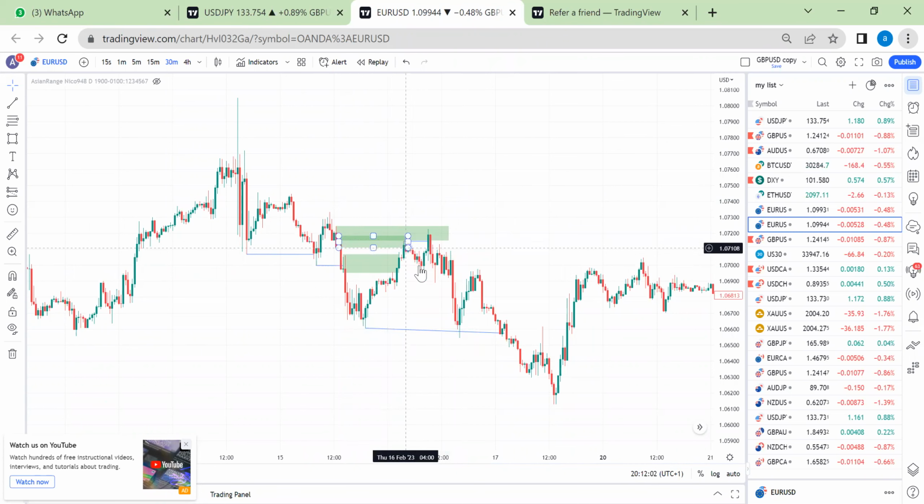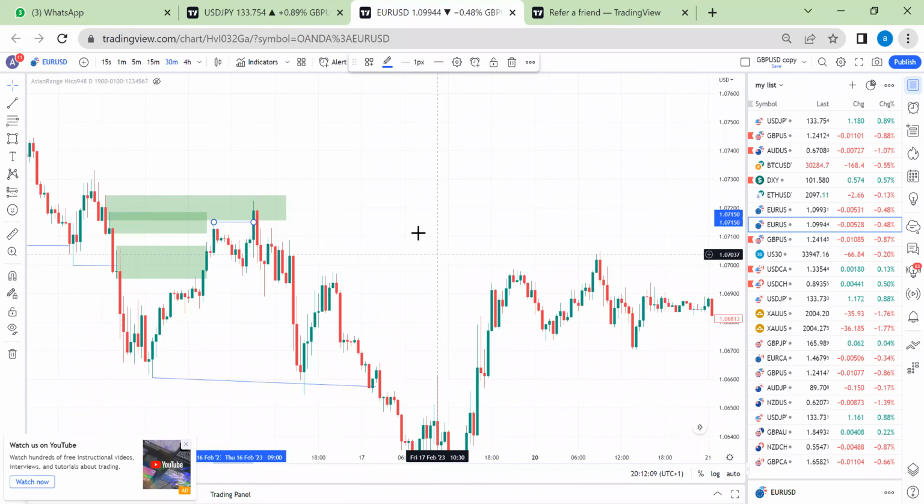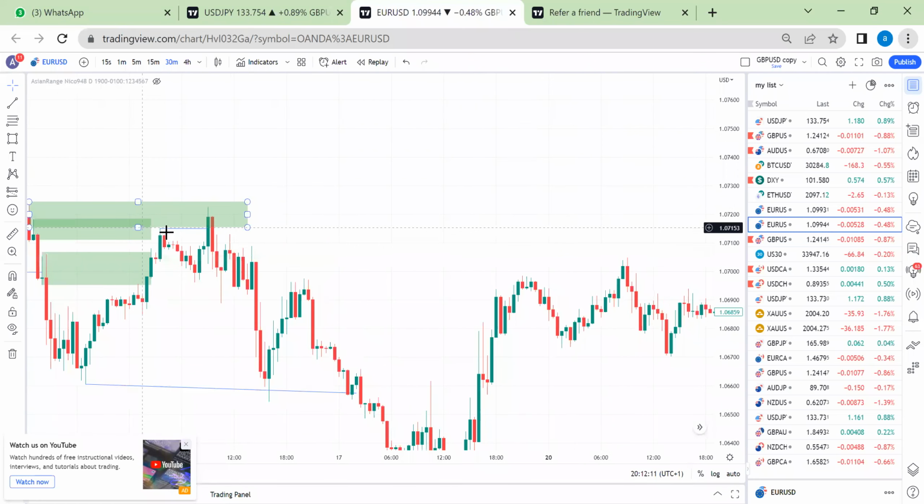It gave a little reaction. Now this reaction gives us this liquidity here. That's another liquidity right there. This little high here, it's another liquidity. If you look at this high, this rejection did not happen from any other block. There's no other block here, right? And it didn't take any liquidity, it just came down.